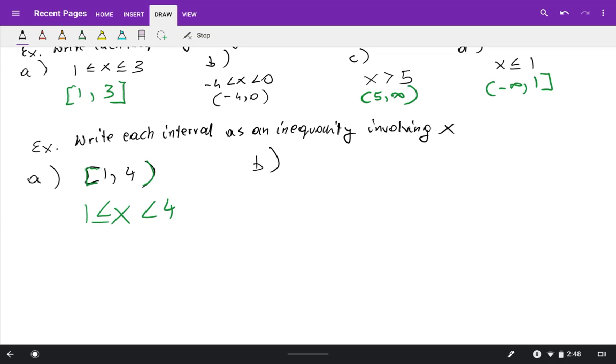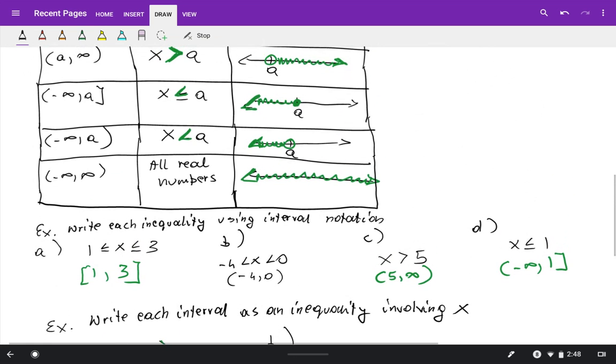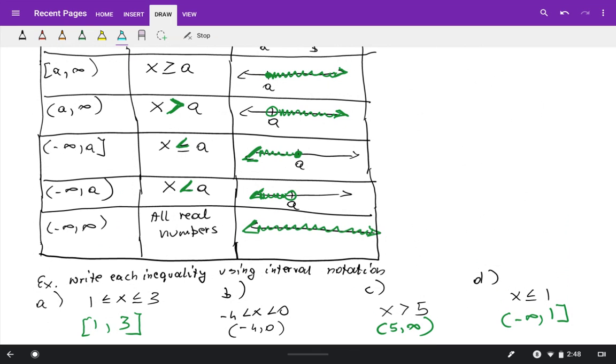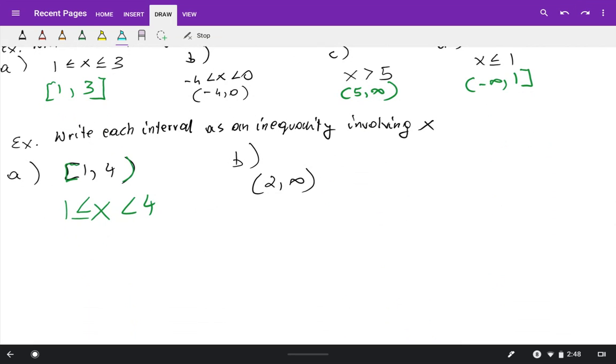For b, you have parenthesis 2 comma infinity. So you need to write it using an inequality. So that will be x greater than 2. So the solution will be x greater than 2.